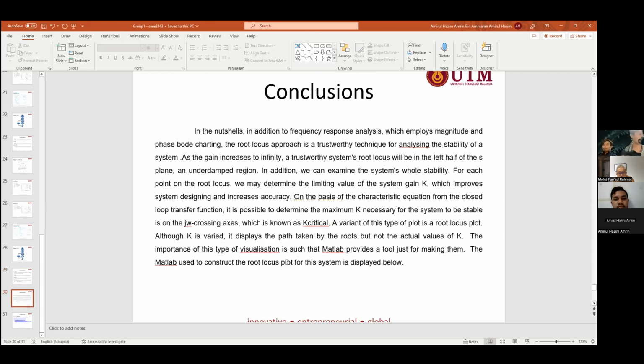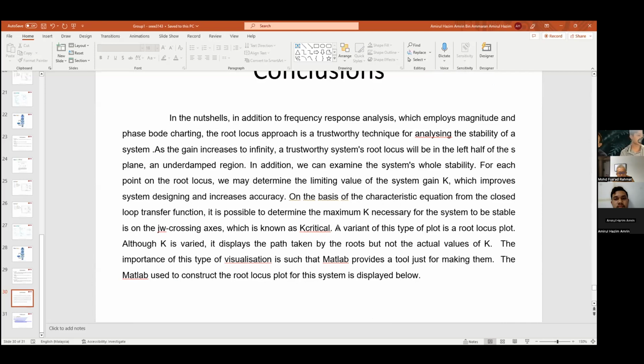So for the conclusion, for the frequency analysis, actually for the stability, we know that the value of stability is from the left half plane. So each point on the root locus will be determined by the limiting value of the gain of the system.